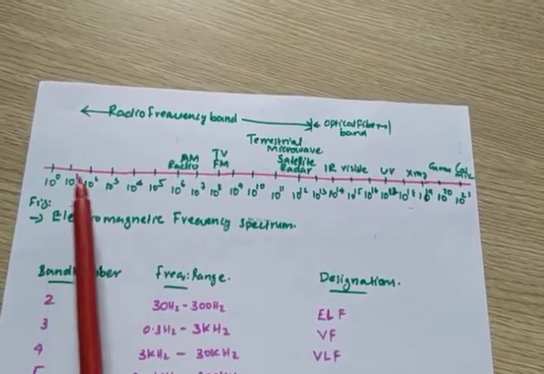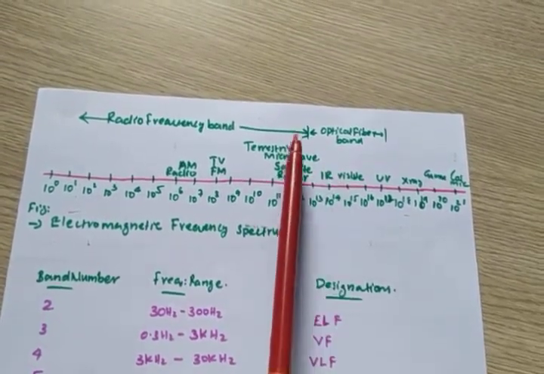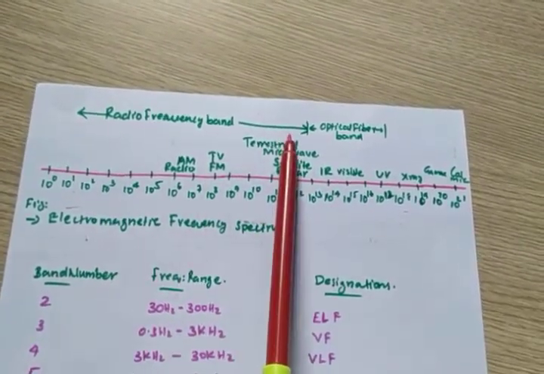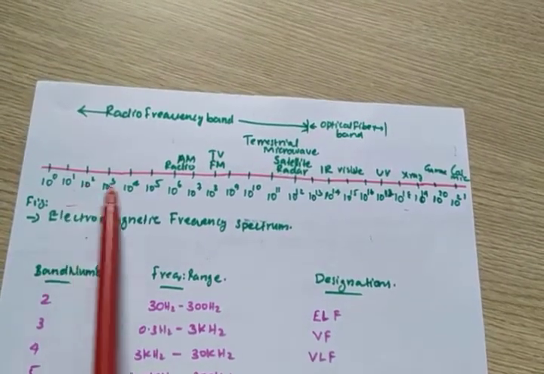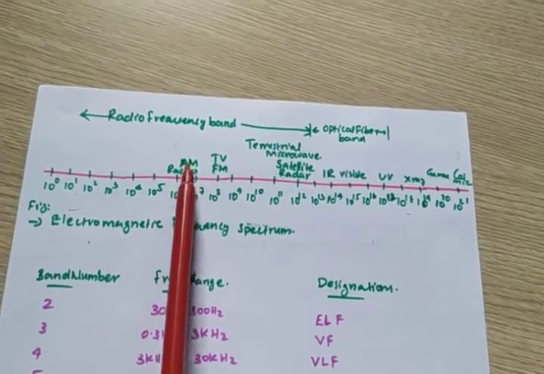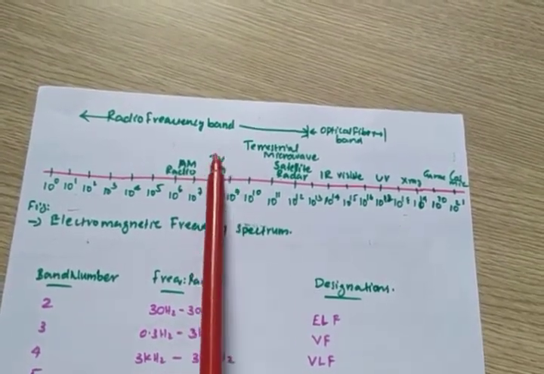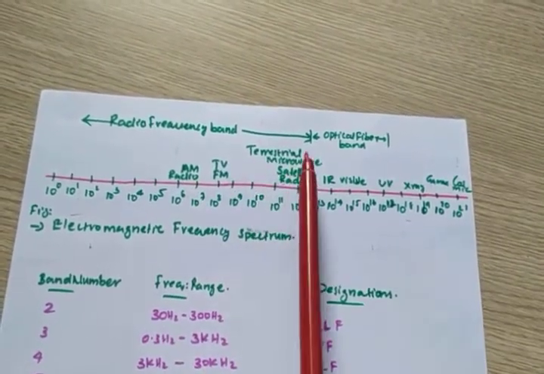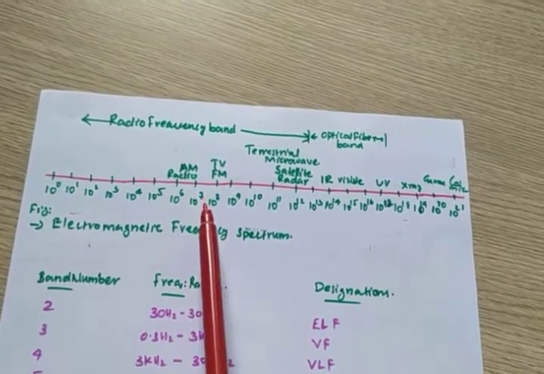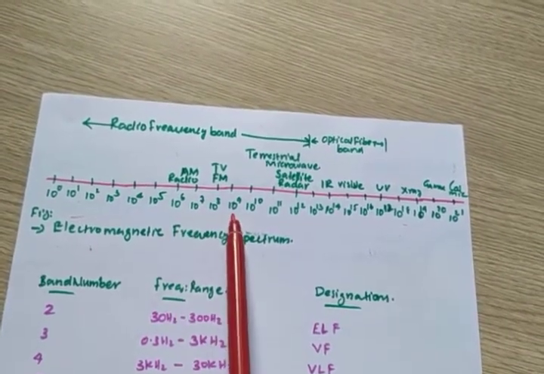Look here, 10 raised to 0, 10 raised to 1, and it goes on, and up to 10 raised to 12 we can call it the radio frequency band. After that we can call it the optical frequency band. 10 raised to 6 we normally use for AM radio, and the 10 raised to 7, 8 range we normally use for TV and FM broadcasting, and these come under terrestrial microwaves. 10 raised to 6 is normally megahertz, 10 raised to 9 gigahertz.